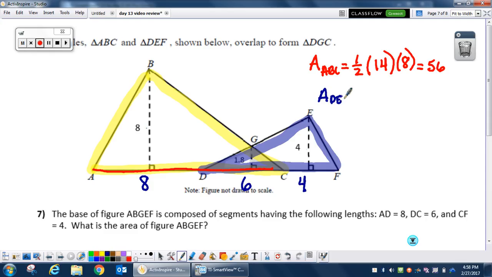Okay. So then what you're going to do is you're going to find the area of DEF. Okay. So it's a triangle. So 1/2. Your base this time is going to be that guy. So D to F, which is 10. And your height is going to be the 4. Okay, so that should get you to 20.